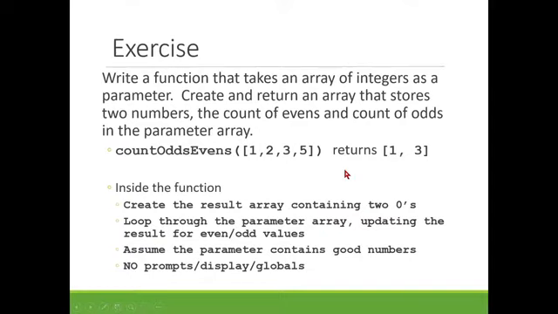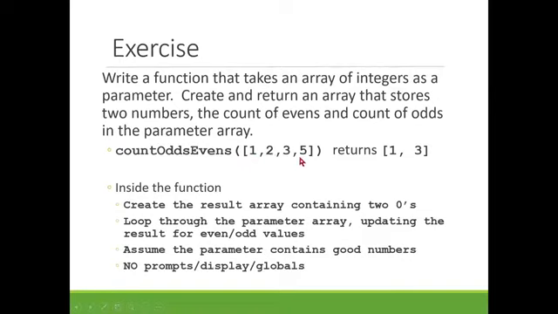Okay. New exercise. Write a function that takes an array of integers as a parameter. Create and return an array that stores 2 numbers, the count of evens and count of odds, in the parameter array. So let's talk about what this is doing. The one parameter is going to store an array of numbers.